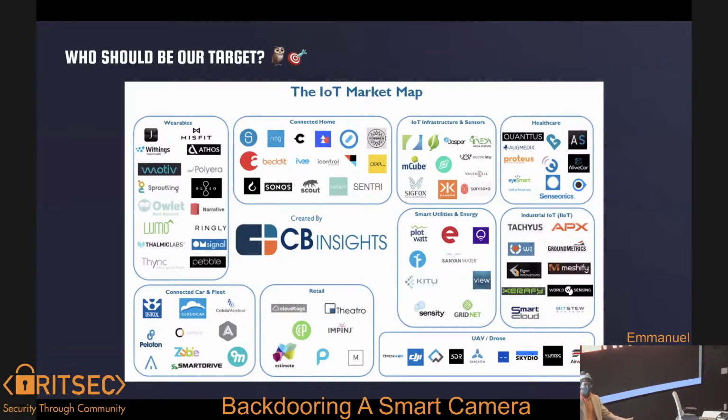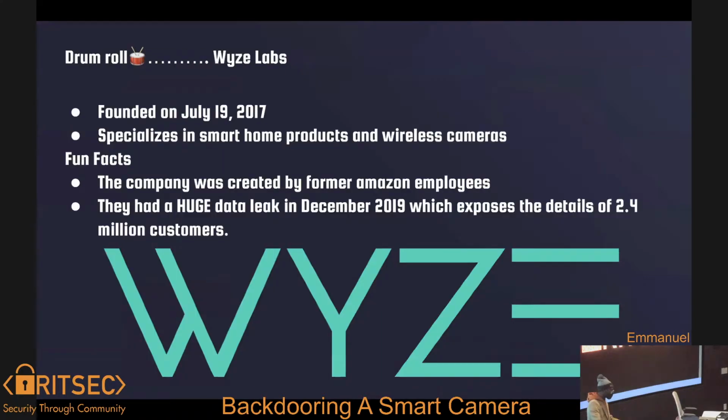We have to pick a target. For this, we are going to use Wyze. I don't know how to say the name, but they are a little company. I think they're getting big now. It was created by former employees of Amazon, who came together to create this smart company.